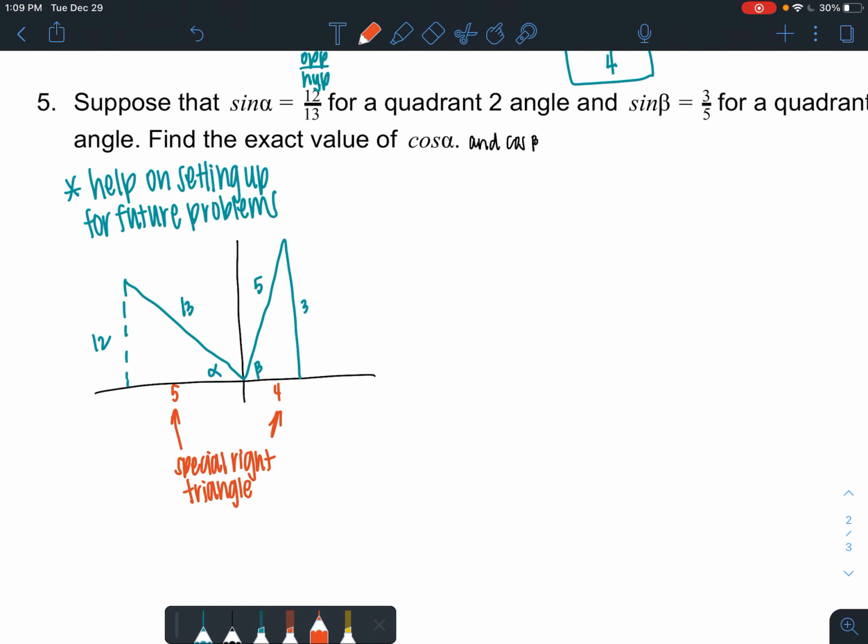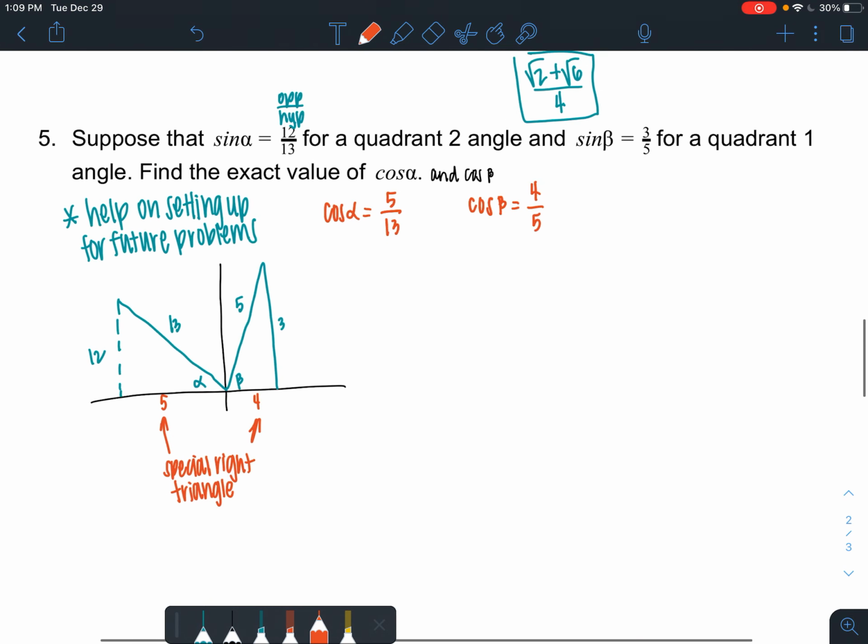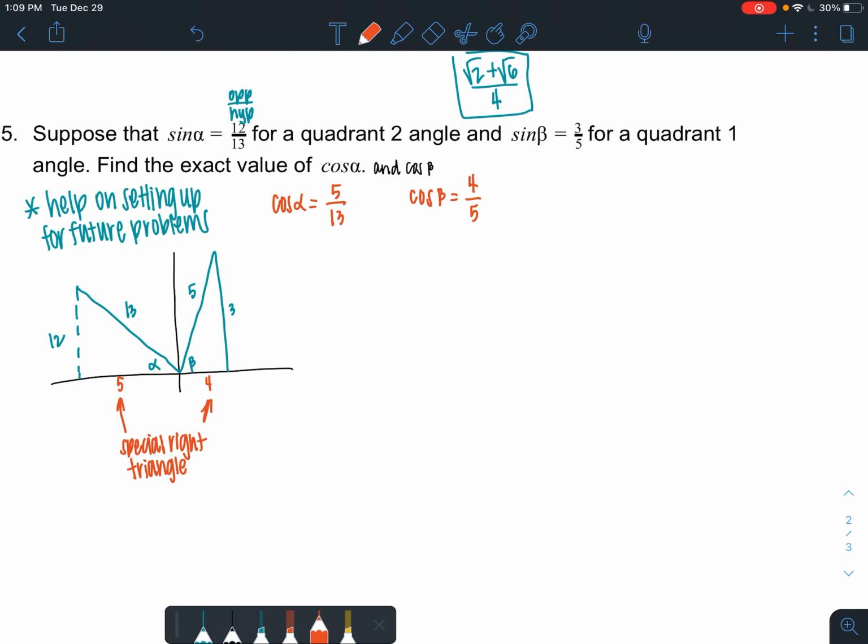Okay, so then cosine of alpha is the adjacent over hypotenuse, and cosine of beta is adjacent over hypotenuse. And so there are both of those. Now, like I said, that's just going to be helpful for setting up future problems. So there's an example of how to draw those pictures so that if it asks you to solve those later, you could do that.